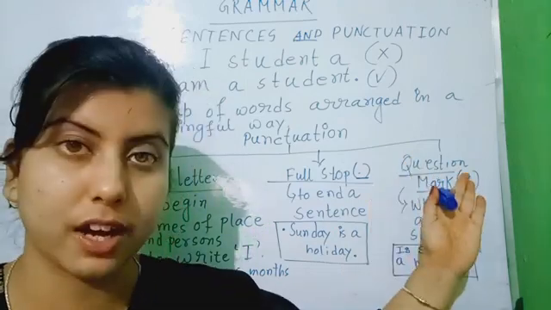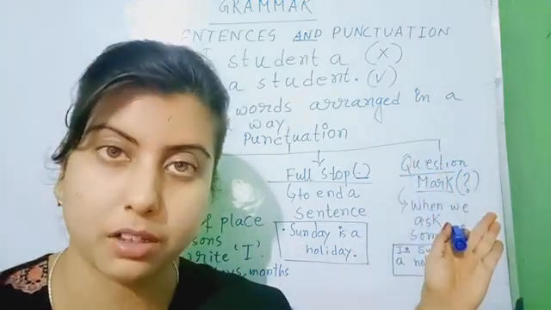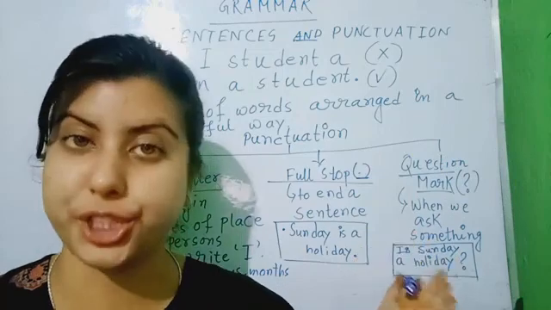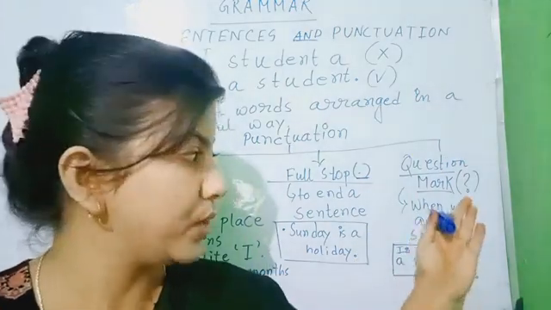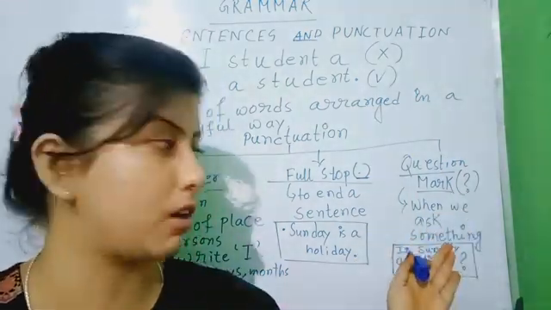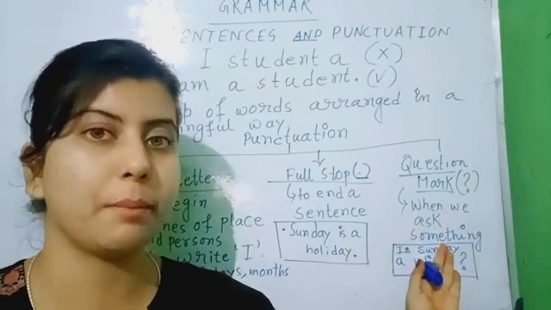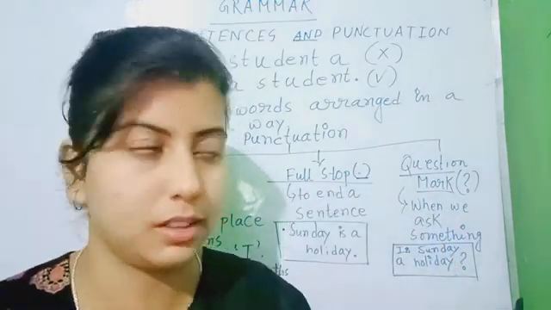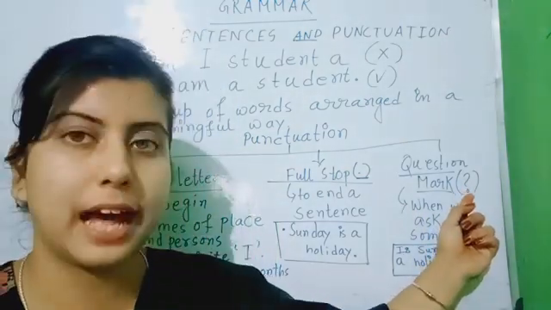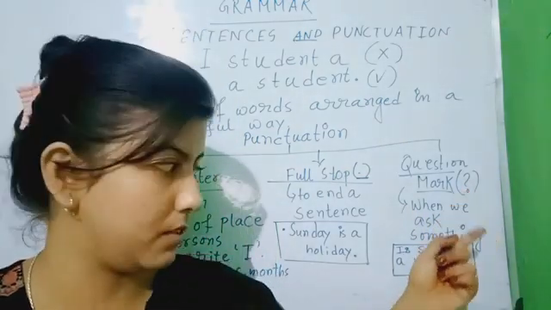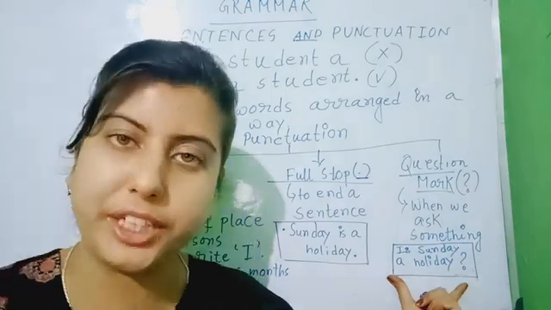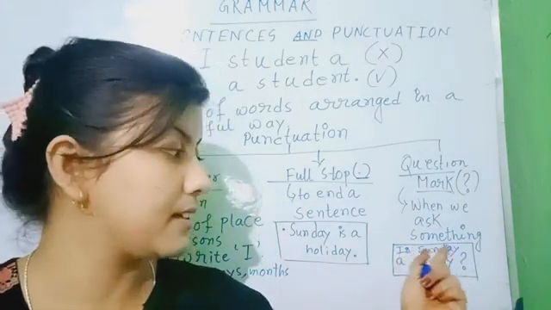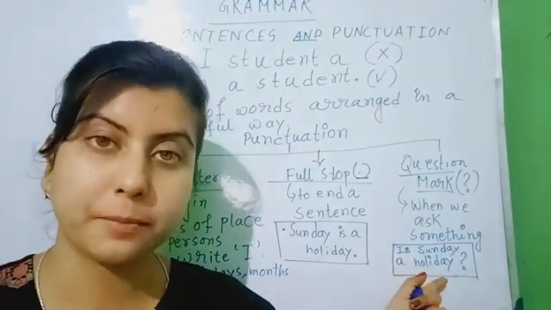Now the next one, that is question mark. We use question mark when we are asking something. Question mark looks like this. Now I have written a question. Is Sunday a holiday?